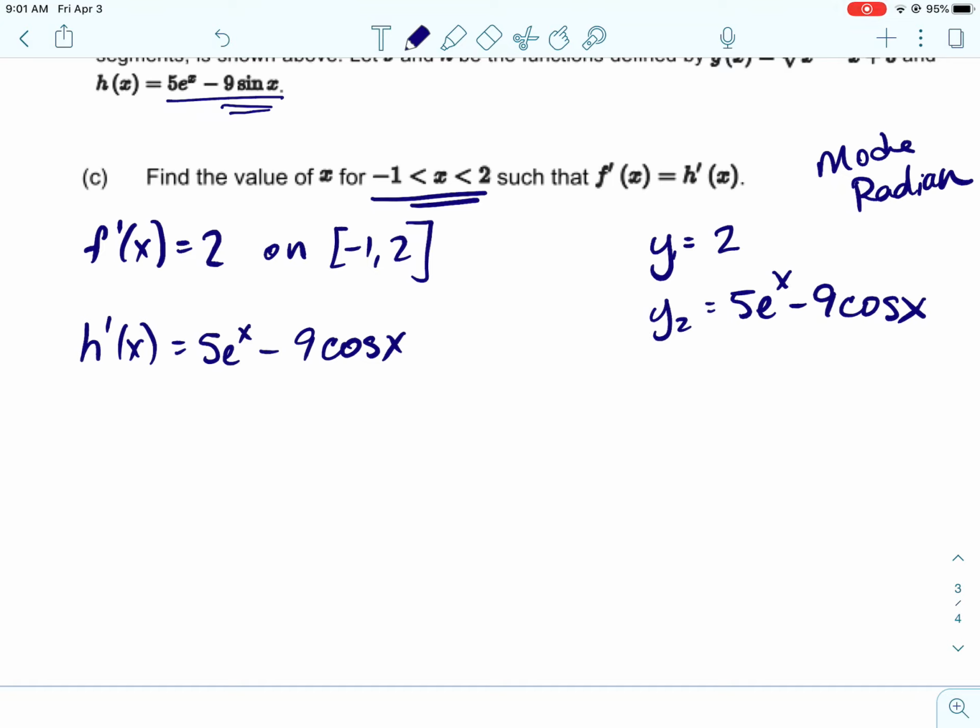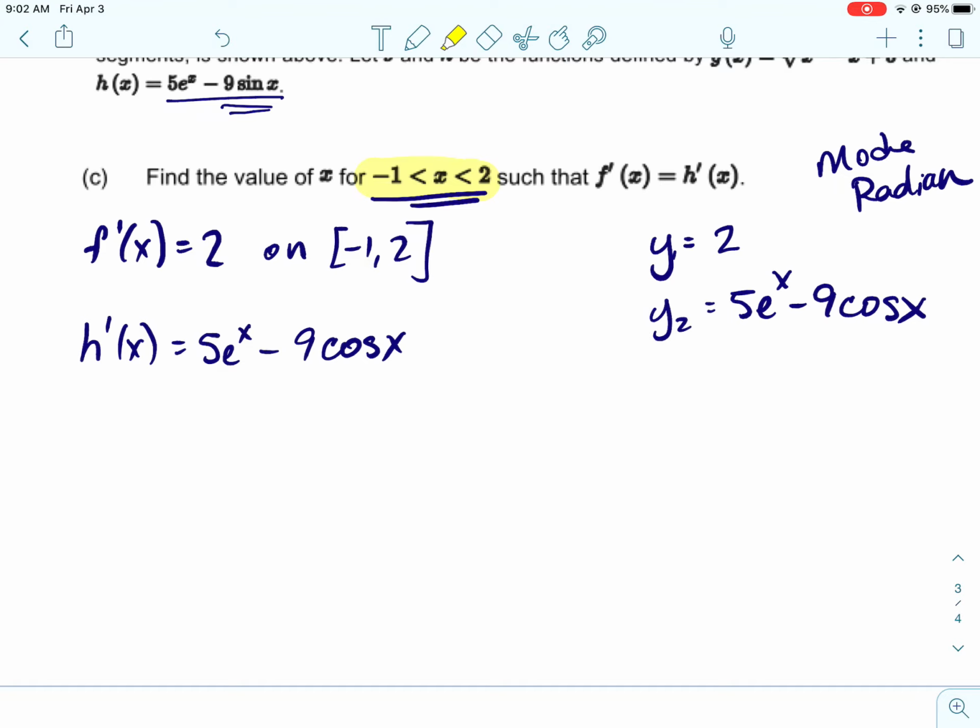Okay, so the y equals 2 definitely is just a horizontal line. All right, and then the 5e to the x minus 9 cosine of x, it looks like a cosine graph, and then it kind of curves up like exponentials. This is kind of cool, actually.